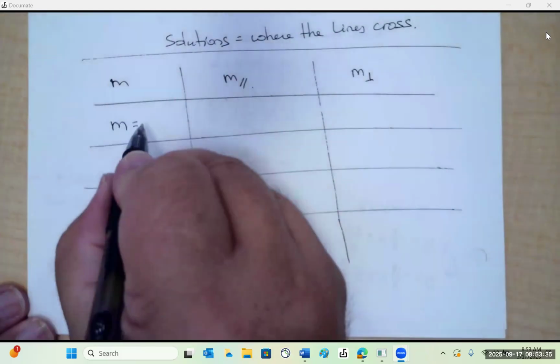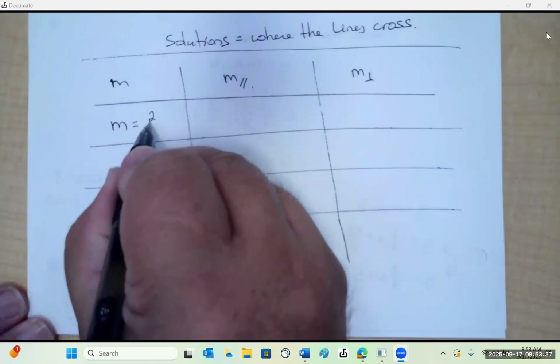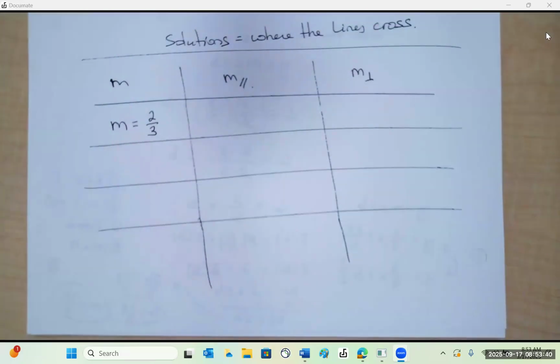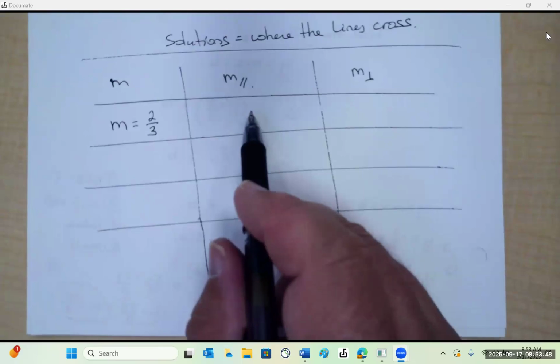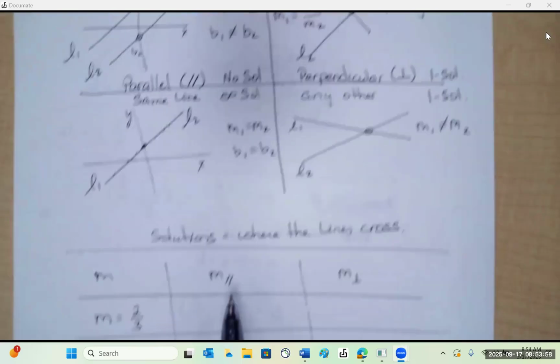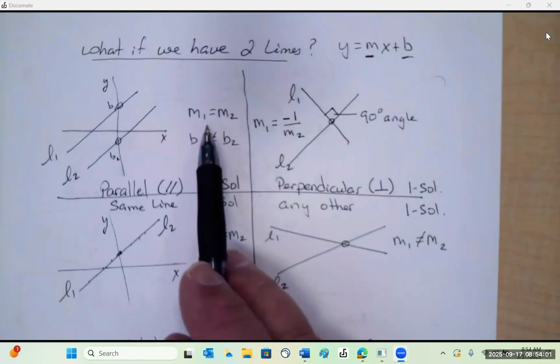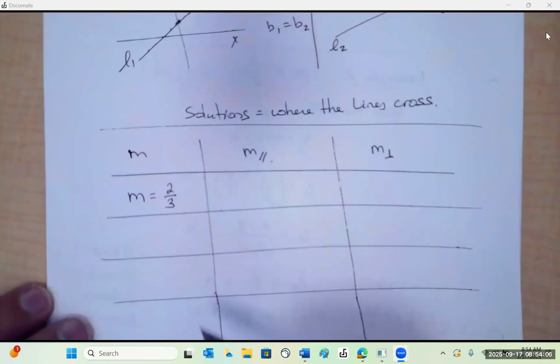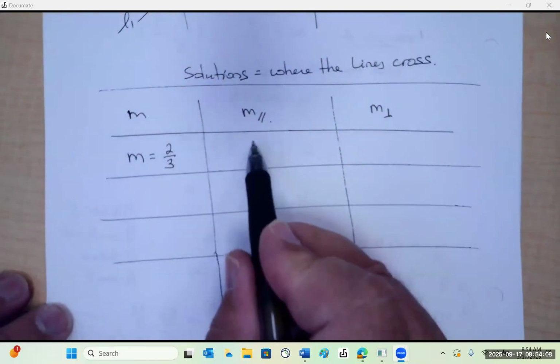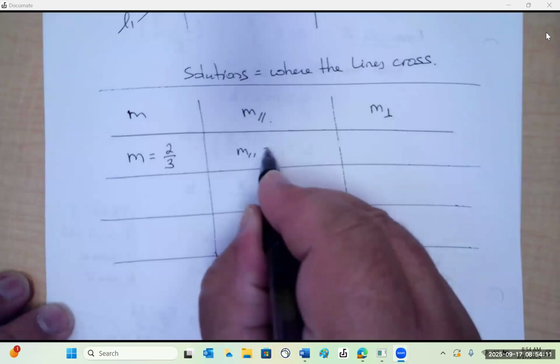This line has a slope 2/3. What's the slope parallel to that one? Remember what we said earlier. If they're parallel, they have to be the same slope. So if the slope is 2/3, what's the parallel slope? 2/3.